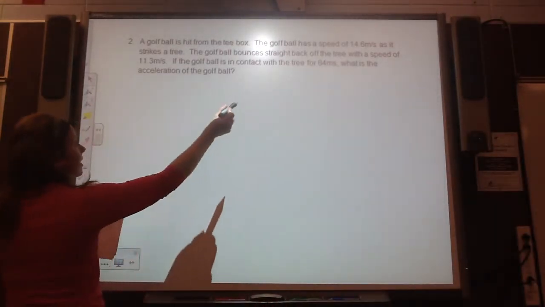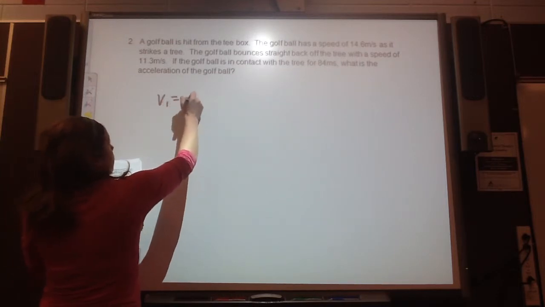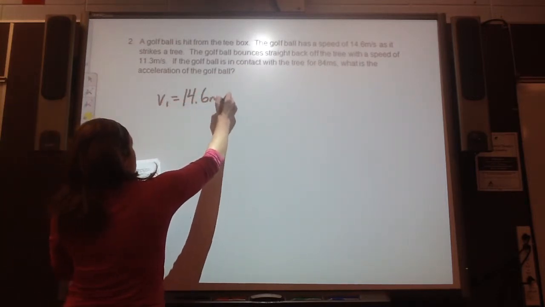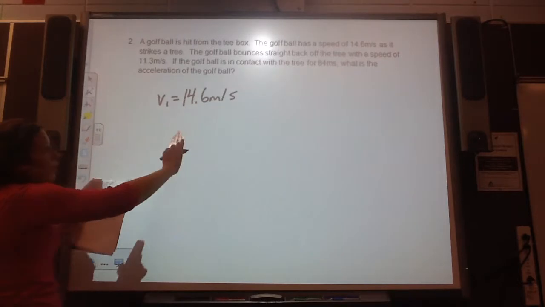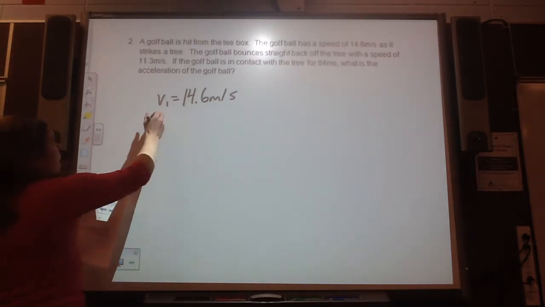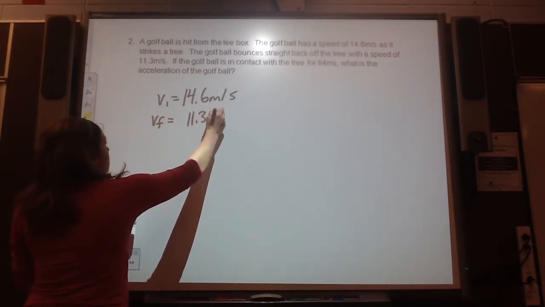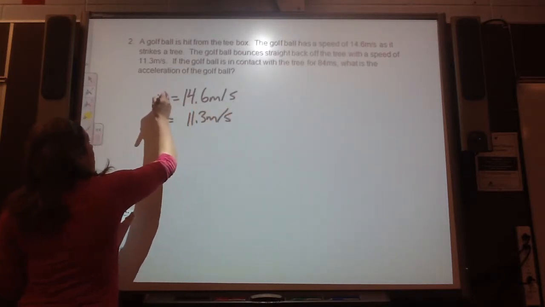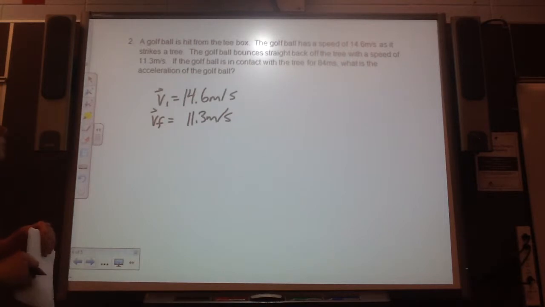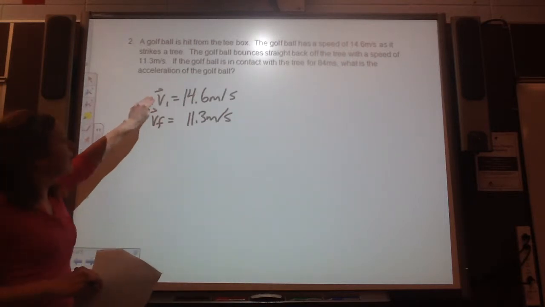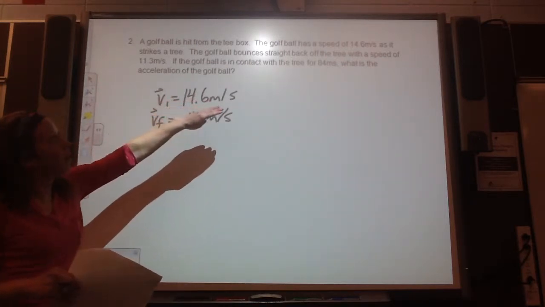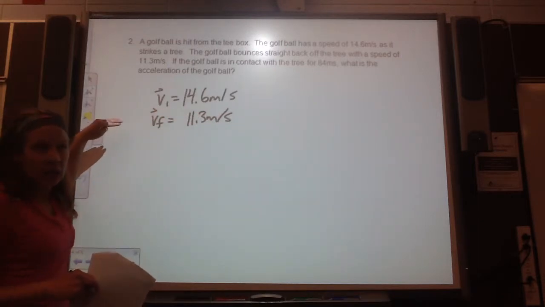So I know my Vi is equal to 14.6 meters per second. That's what it was going first, okay? My Vf is equal to 11.3 meters per second. What else, though, am I missing? This is initial, but the golf ball bounced back.